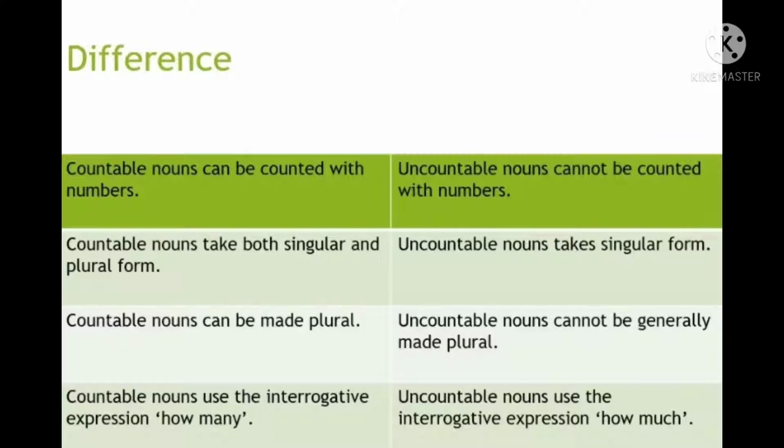Countable nouns can be made plural. As you have seen in the example also, a book can be 2 books, 5 books. But uncountable nouns cannot generally be made plural. For example, if we are talking about sauce, we cannot make it plural.